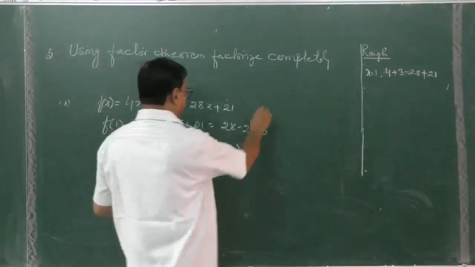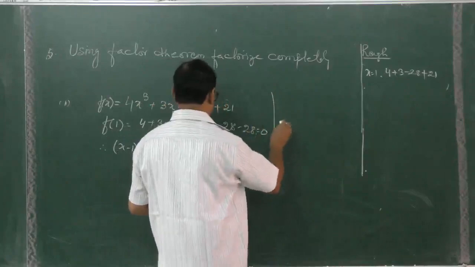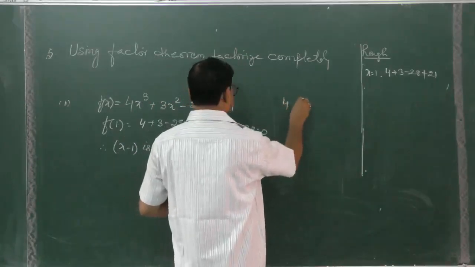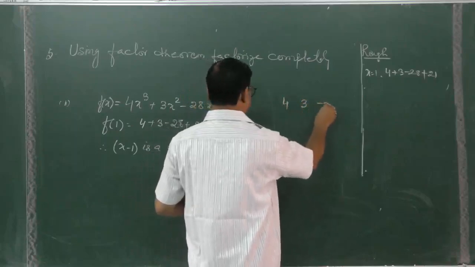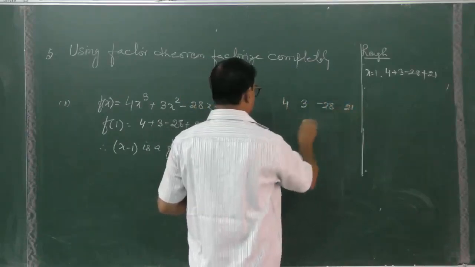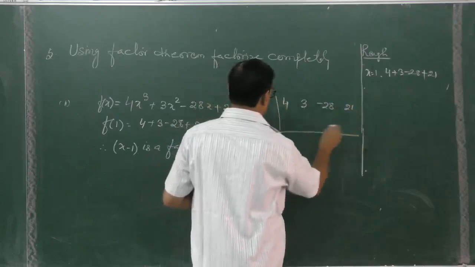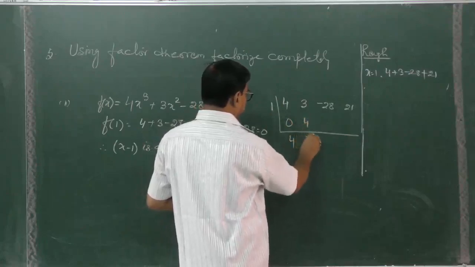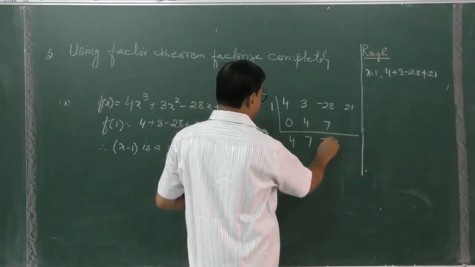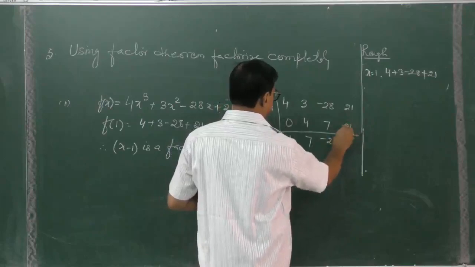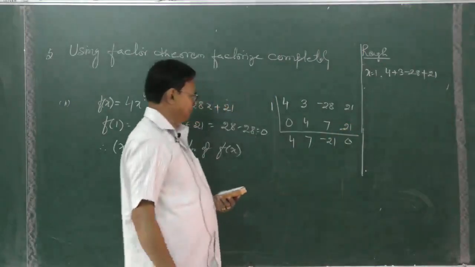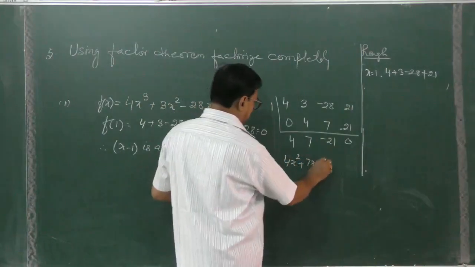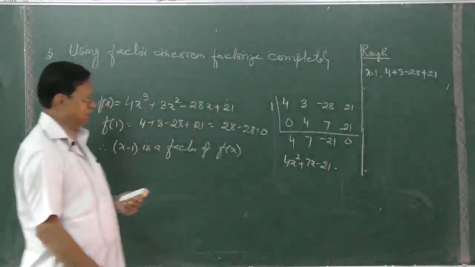Now, divide again. So, the division part. It is 4, 3, minus 28, 21. What are we putting? x equal to 1. So that is 4, 7, and so this is 4x square plus 7x minus 21.